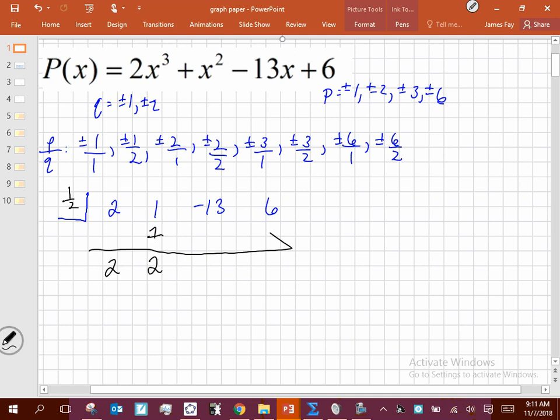Brought down the 2 again, multiplied, gave me 1, and that gives me -12. Multiply, gives me -6. Add those together, gives me 0. That's the synthetic division process. If that gives me a 0, it tells me that x minus this is a factor, so x minus 1/2 is a factor.